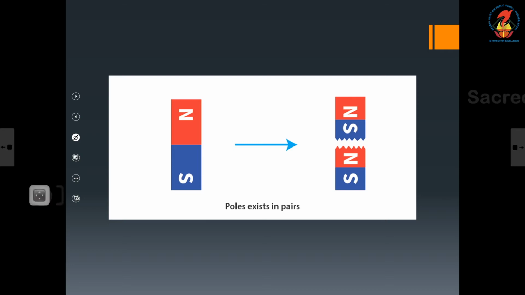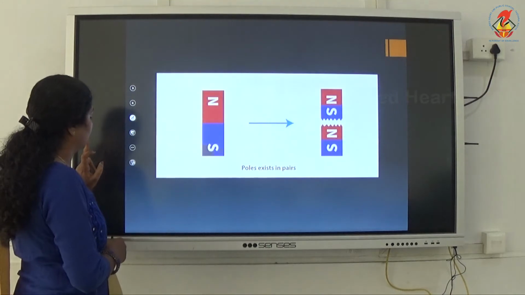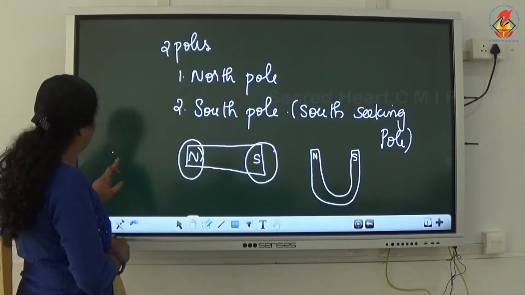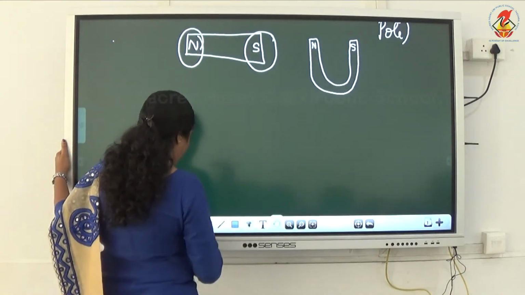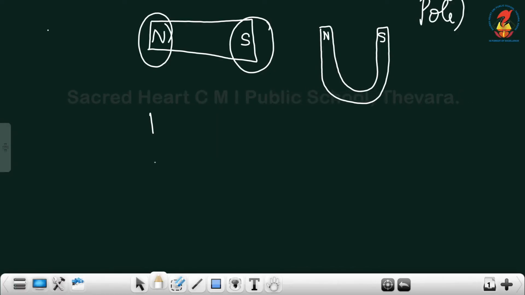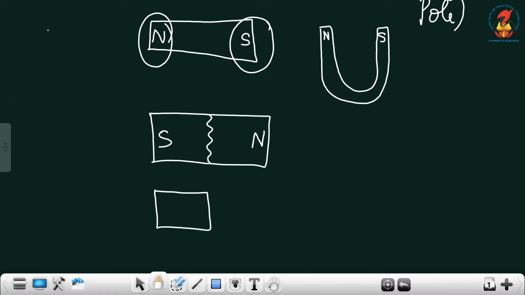I will draw that here. Suppose this one is a bar magnet. This one is a south pole and this one is a north pole. Now I am going to break it, and I will get two magnets.